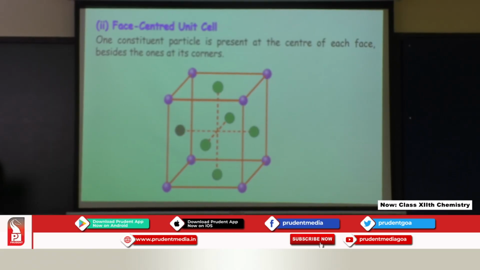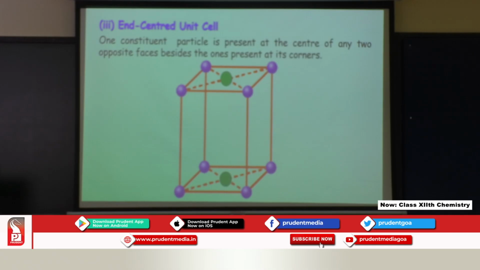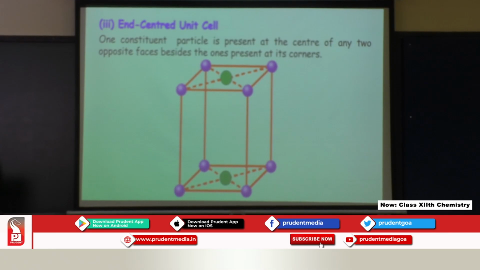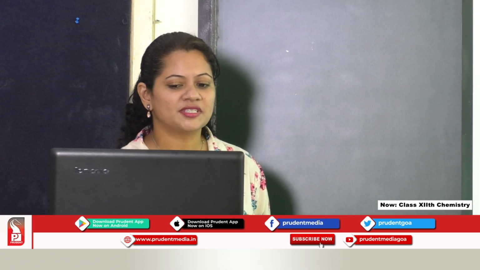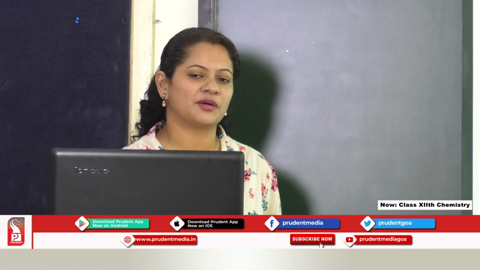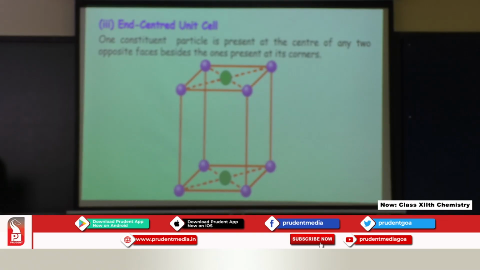These are the atoms which are being highlighted in the figure. End-centered unit cell comprises of 1 constituent particle which is present at the center of any 2 opposite faces besides the ones which are present at the corners of the cube.